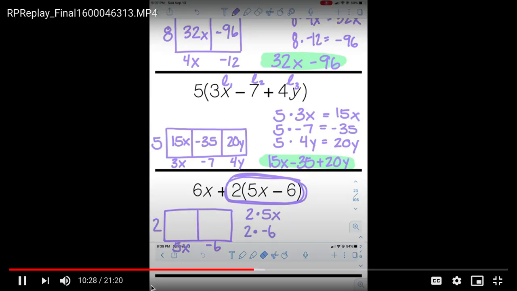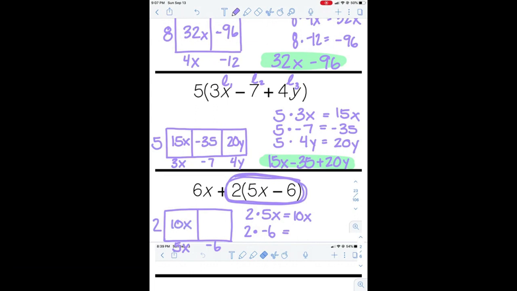Remember, you have to do either this, or this as showing work. You got to do something. You can do both, or you can do either or. But we've got 2 times 5x. It's going to give us 10x. And then we do 2 times negative 6, which gives us negative 12. And so I have to erase because I'm running out of room here.